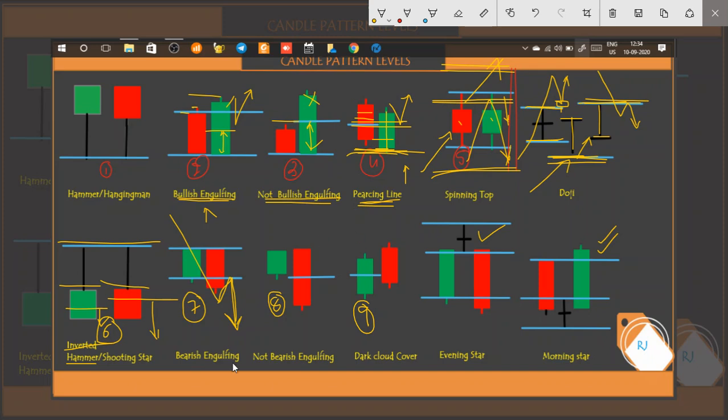And another thing, you need to consider that this is not a bearish engulfing. And you know why? Because this candle is not closed below the 50% of this candle, and this is a dark cloud cover, which gaps up open and closes below the 50% of the previous green candle.